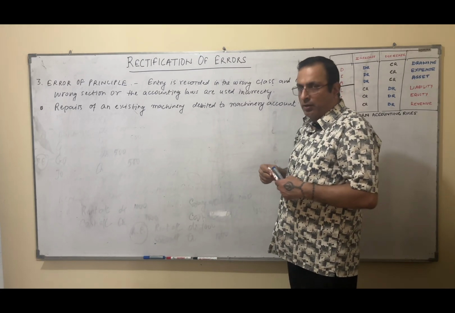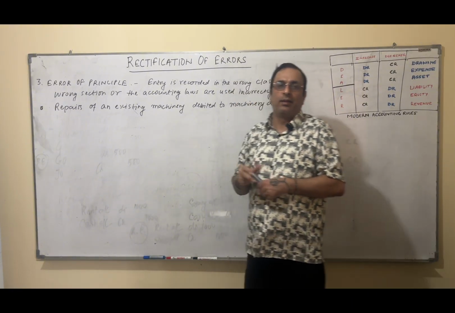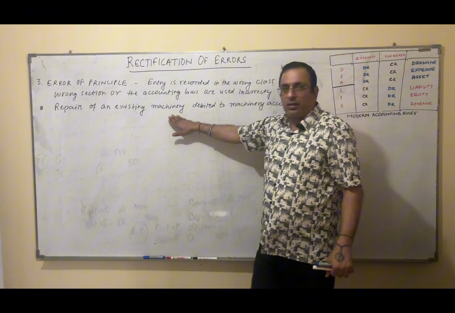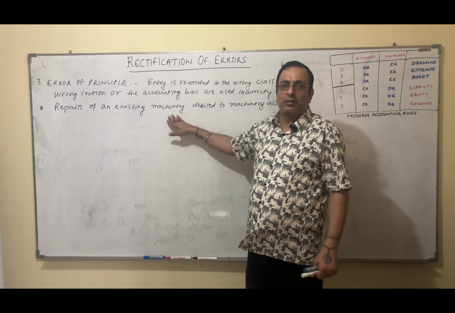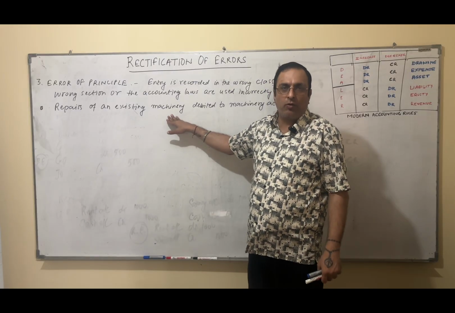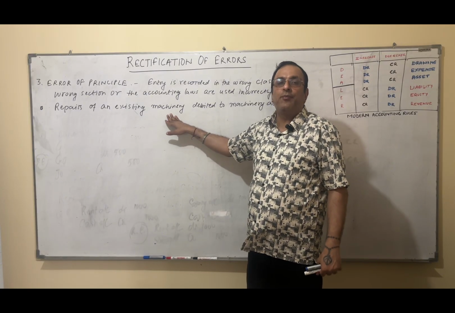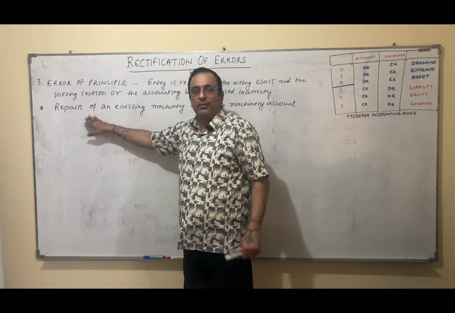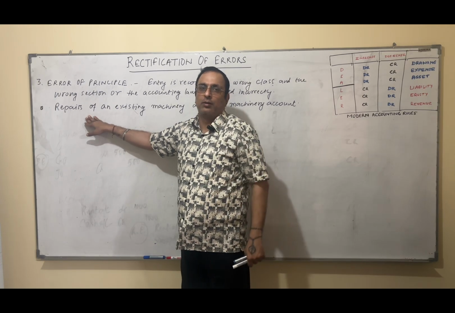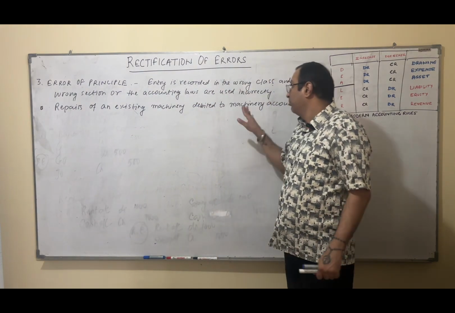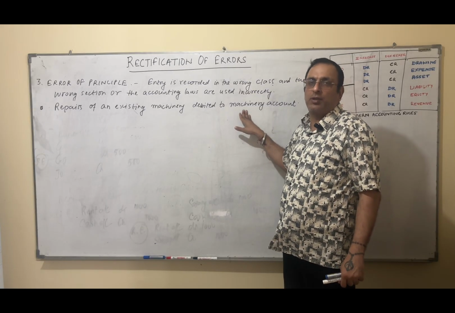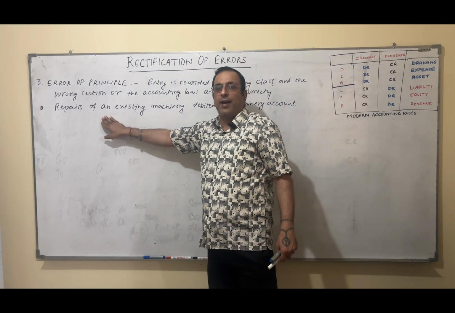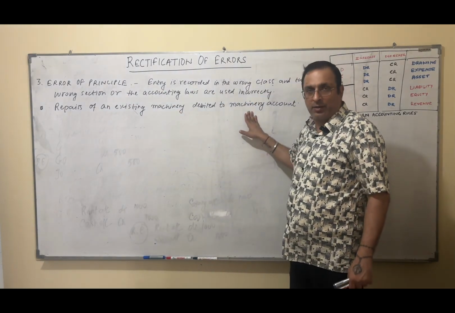What we have done here, if you remember IAS 16, International Accounting Standard 16, it says that any asset which already exists with the business, maintenance cost, repair cost of that asset will be the revenue expenditure. That means these repairs are to be added to the repairs account. But what we have done, we have added this to the cost of machinery. This is the mistake we have done. That means a revenue expenditure has been taken as a capital expenditure.